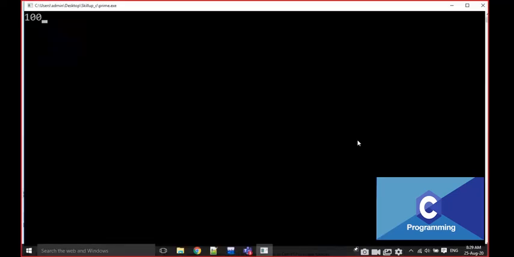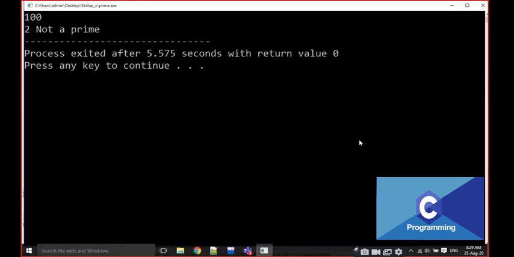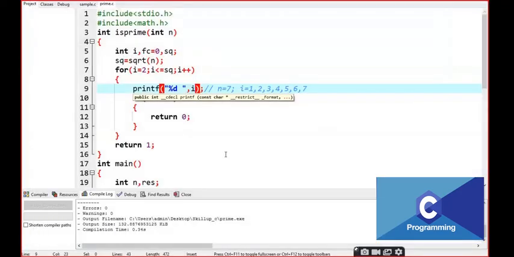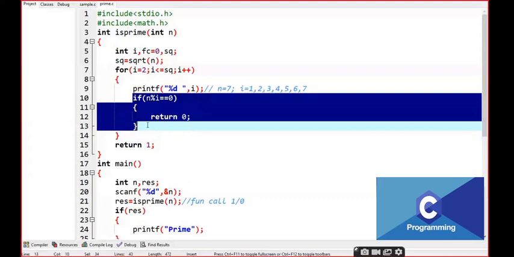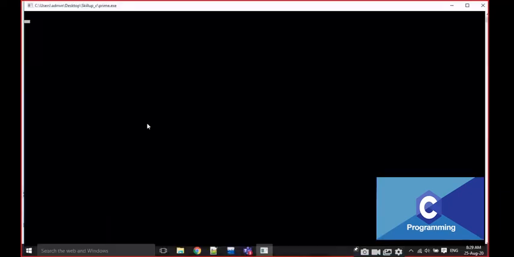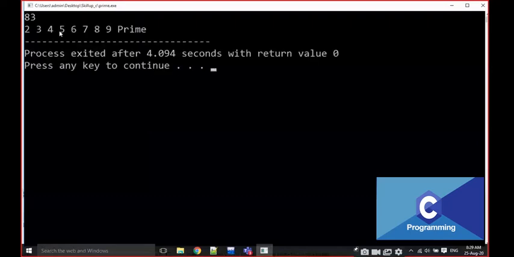For example, I am going to check with some 100. How many times is it going to be repeated? Just wait. Yes, it is divisible, right? That's why it is printing. It is only checking for the first time. For example, if I write here some 83, how many times is it repeating? 1, 2, 3, 4, 5, 6, 7, 8 times only.